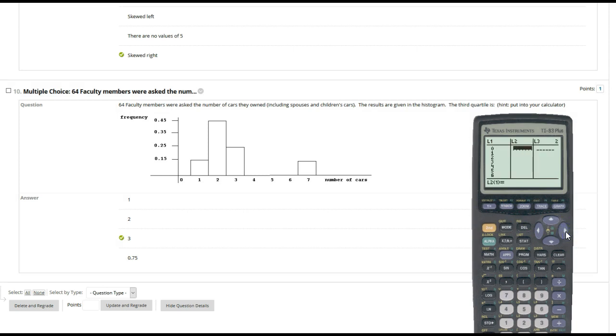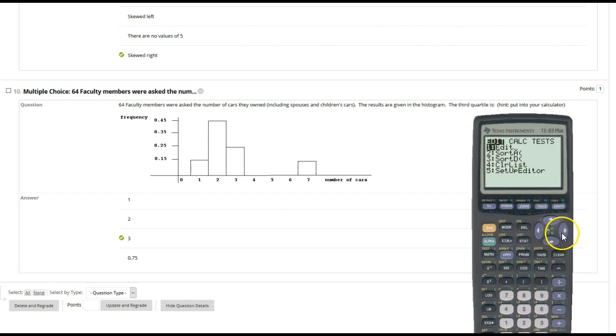We'll go over to list 2. There's none with 0 cars. There's 0.15 with 1, 0.45 with 2, 0.25 with 3, none with 4, none with 5, none with 6, and 0.15 with 7. From here, we're going to take a look at our one variable stats because they tell us our quartiles.